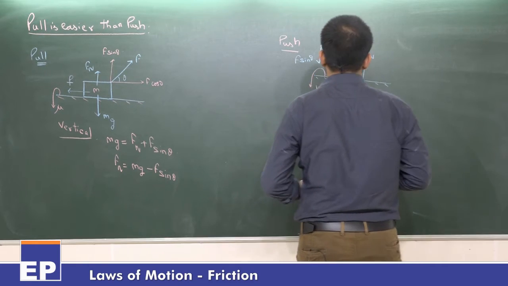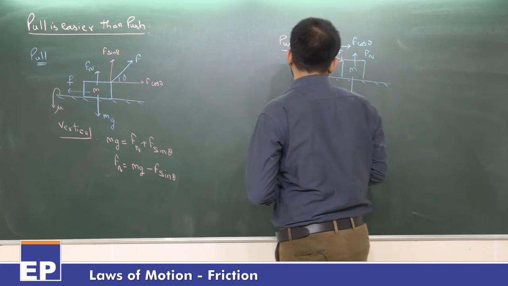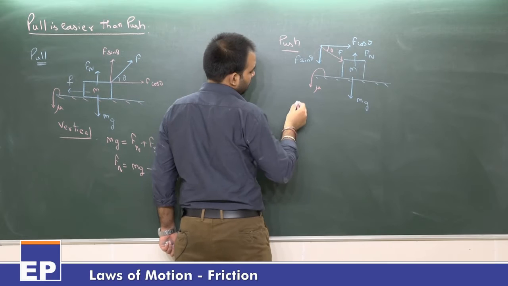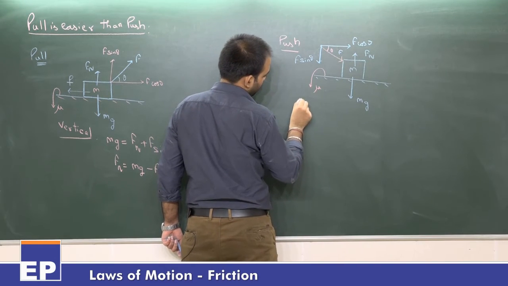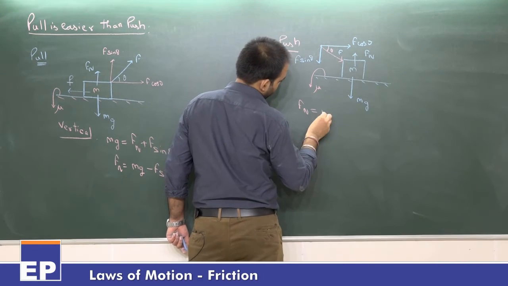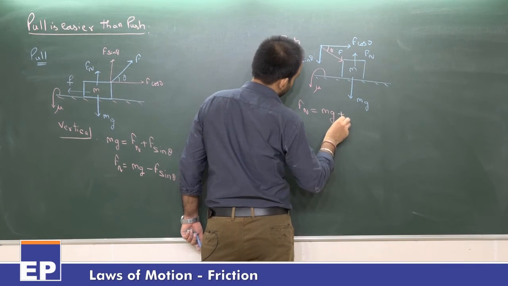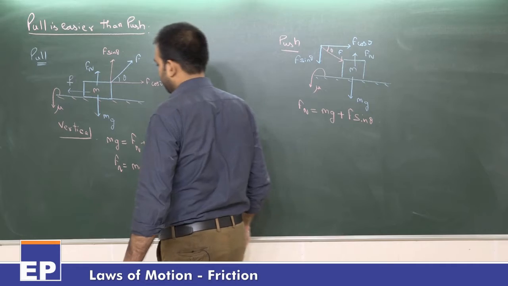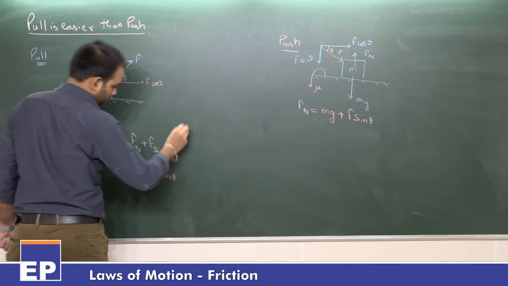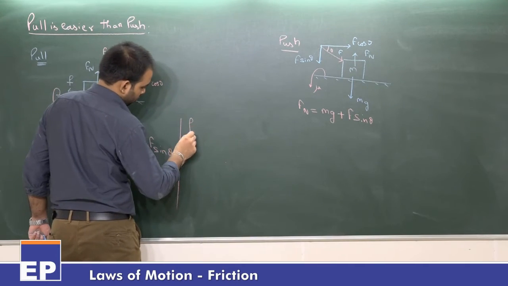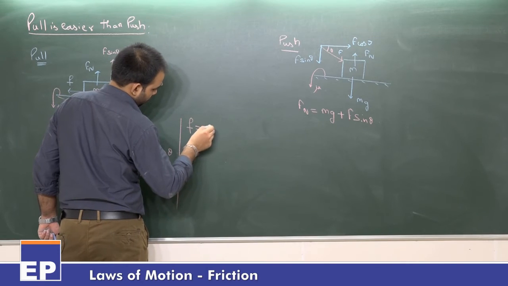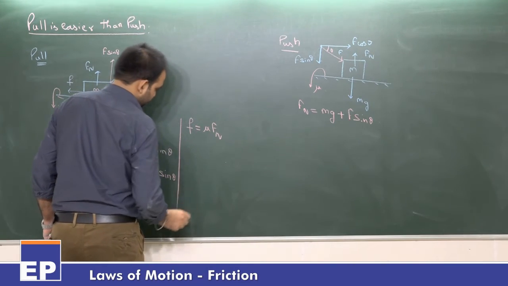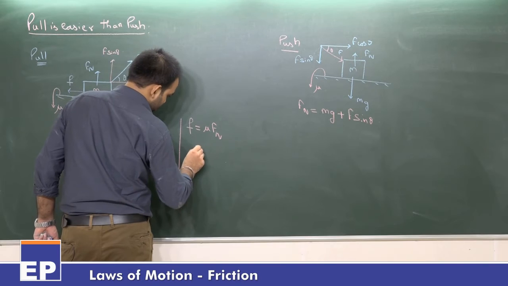So what can we say? We can say Fn is equal to mg plus F sin theta. Now what is friction? Mu into Fn.